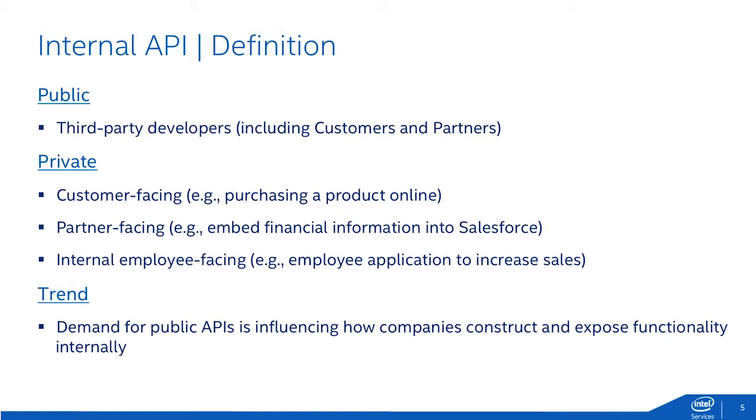That is actually pushing enterprises to rethink how we build programmatic exposure via APIs for internal usage. So what we're saying here for these not-public internal APIs is there's still a customer-facing type of componentry, it could be things like a supply chain component.